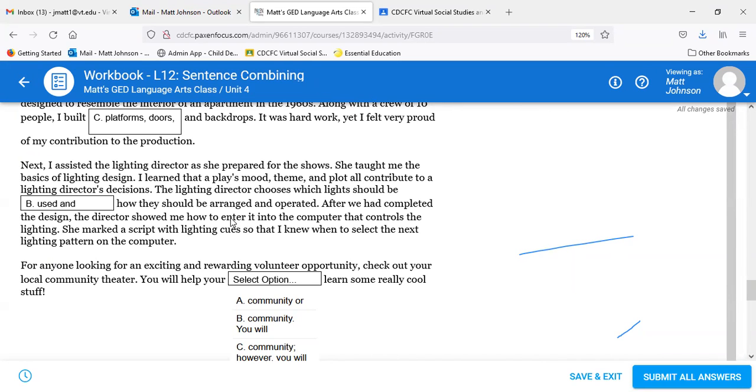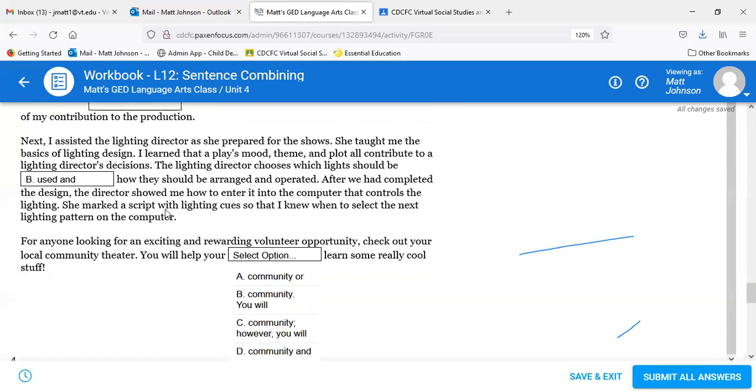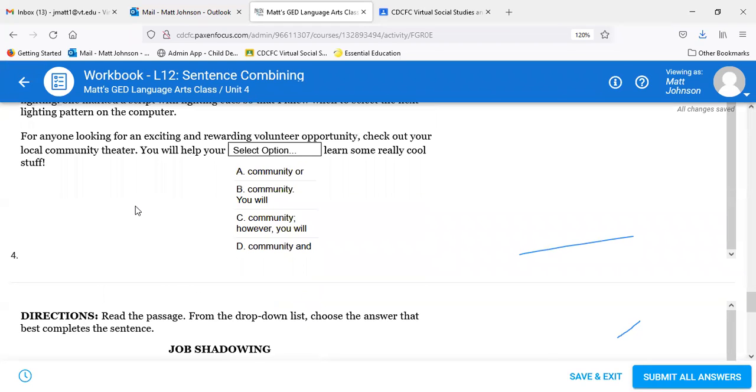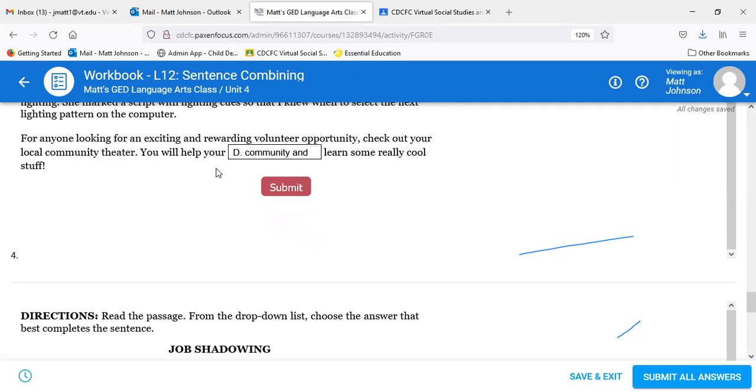Nilda, what do we want to use here? D. Yes. So just like the one before, right? You will help your community and learn some really cool stuff. Just two ideas there connected with "and."